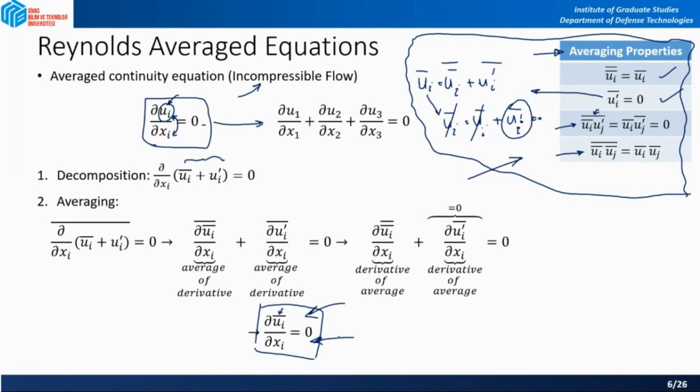Physically, the last equation, this equation that you see, tells you that the mass conservation should hold both for instantaneous and mean flow properties. The methodology is the same for all the flow equations. So for the momentum equation, for the energy equation, and so on, you can use the same methodology. I mean the decomposition and then averaging.